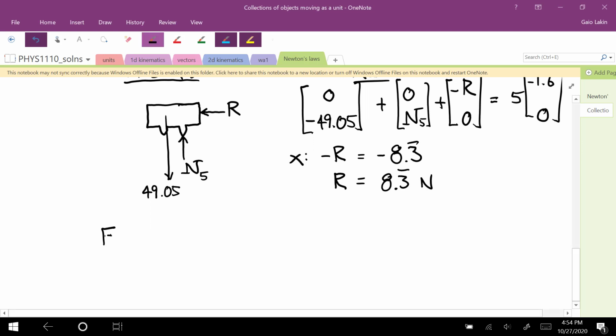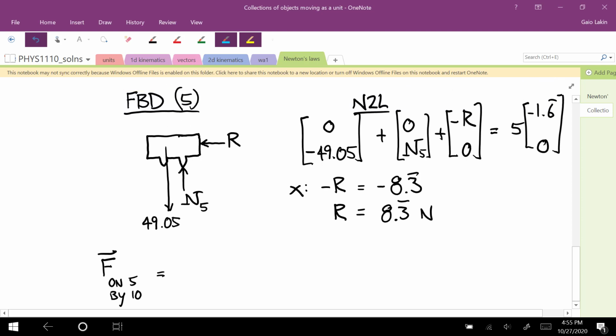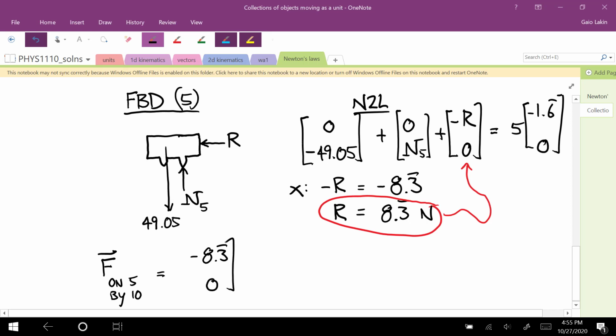So the force on the 5 by the 10 is equal to, you can plug this variable into this force vector and you get negative 8.3 repeating, 0 newtons.